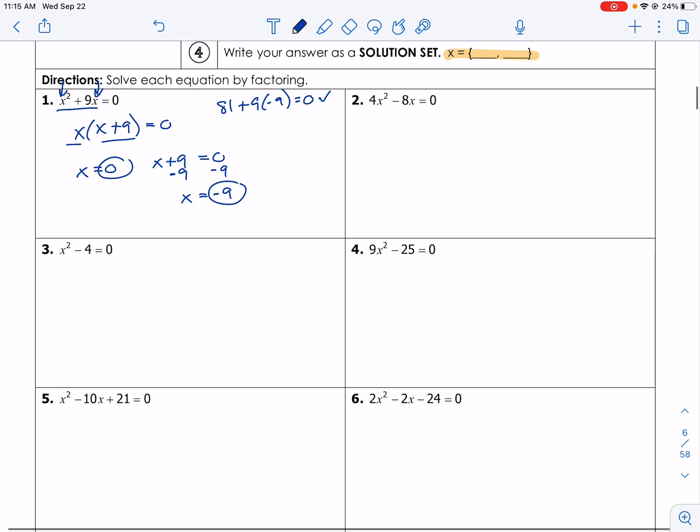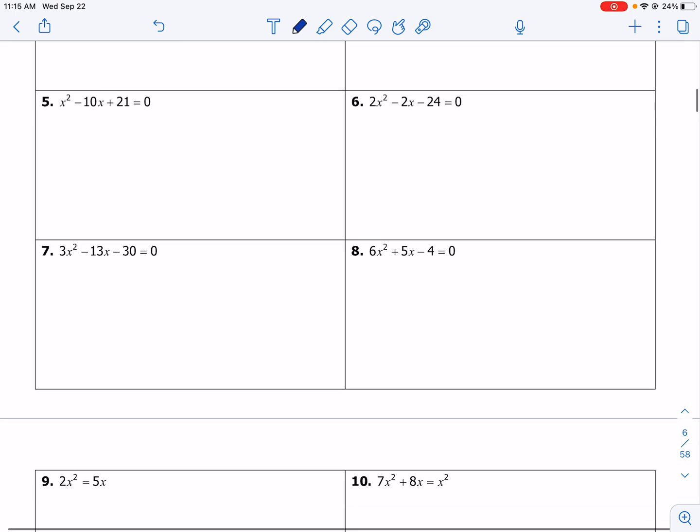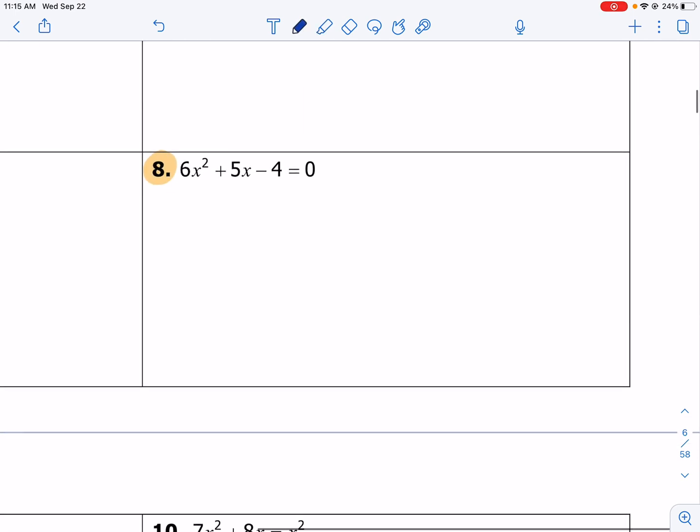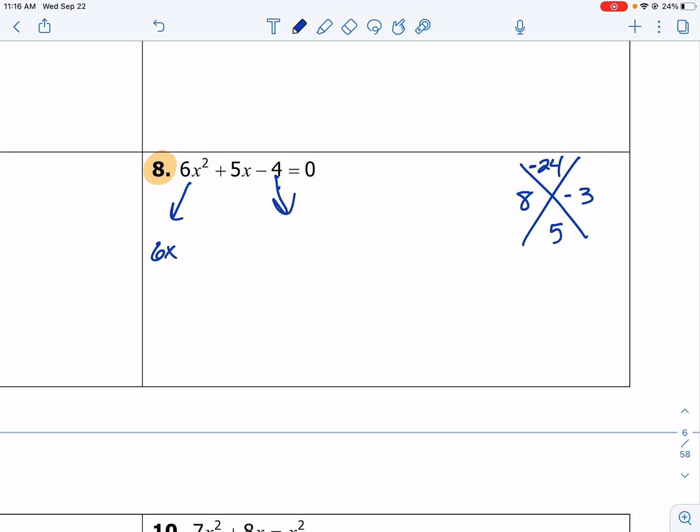Right, let's try one more, and then we'll have you do one on your own. Let's try 8 together. Factors of a times c, negative 24, that sum to 5. I think that would be negative or positive 8 and negative 3. First and last terms come down.